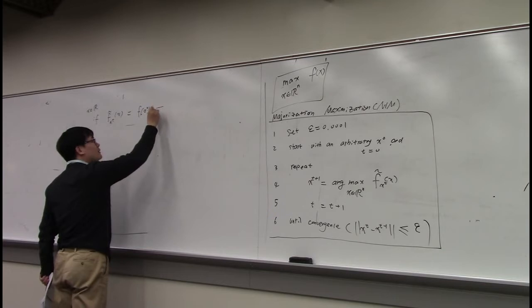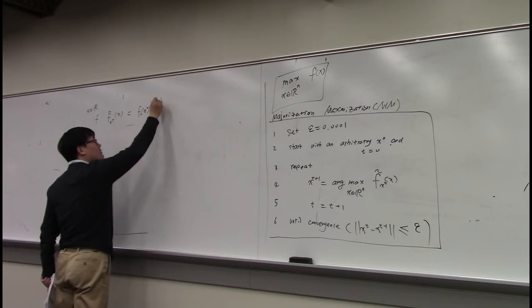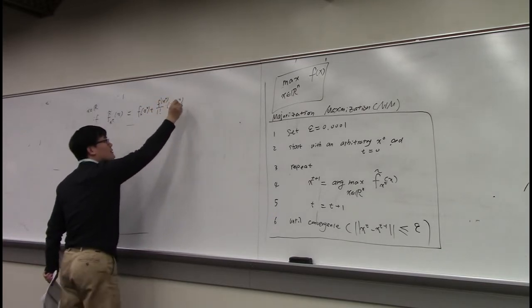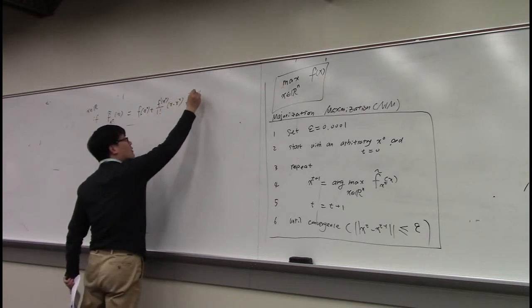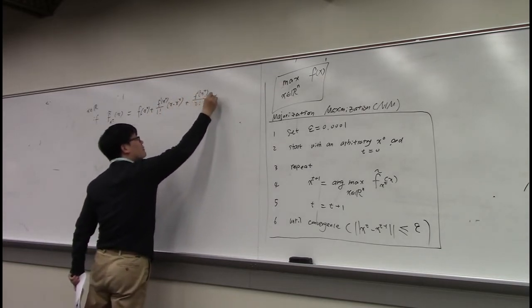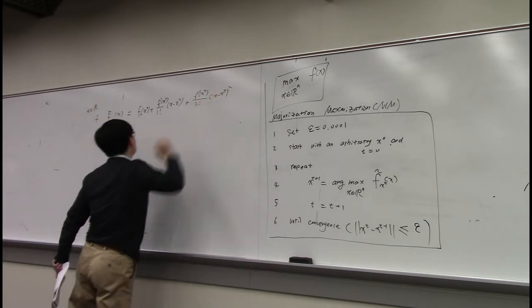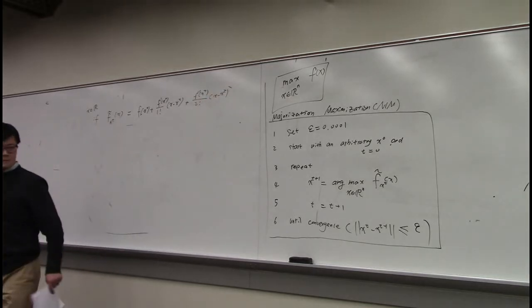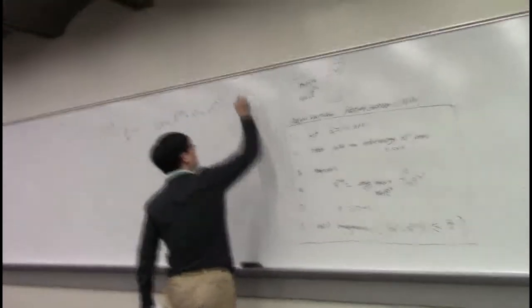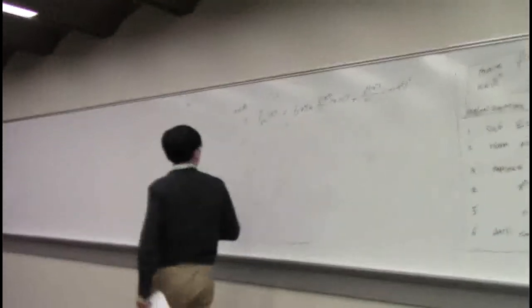It's 1 factorial times the gradient f'(x_t)(x minus x_t), plus the second order derivative term f''(x_t)(x minus x_t) squared over 2.